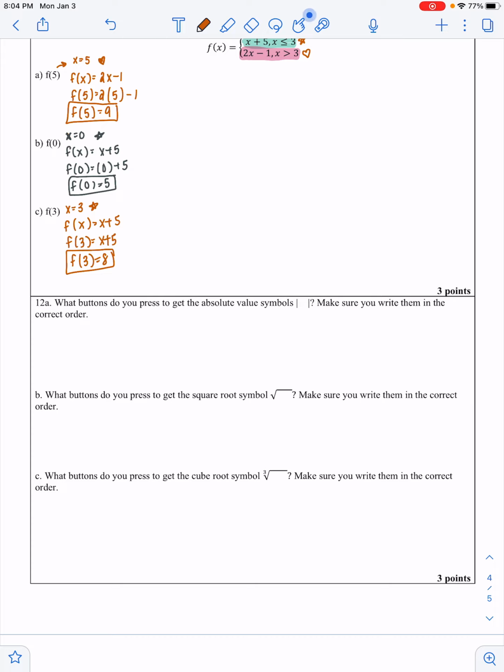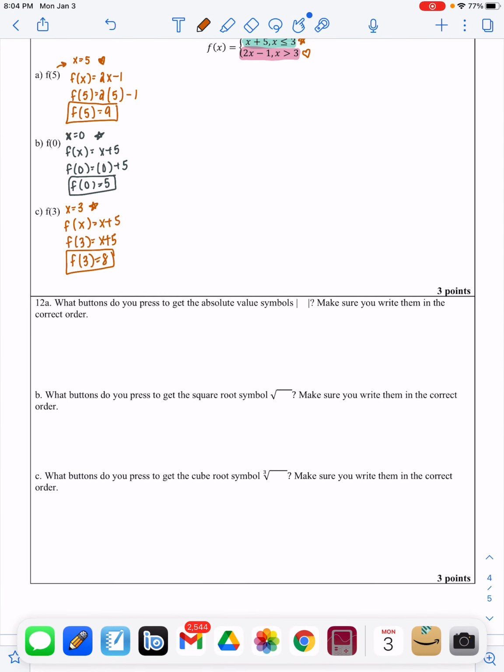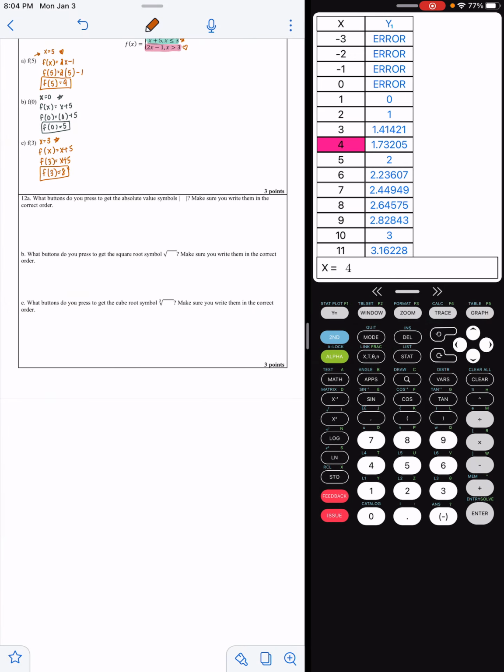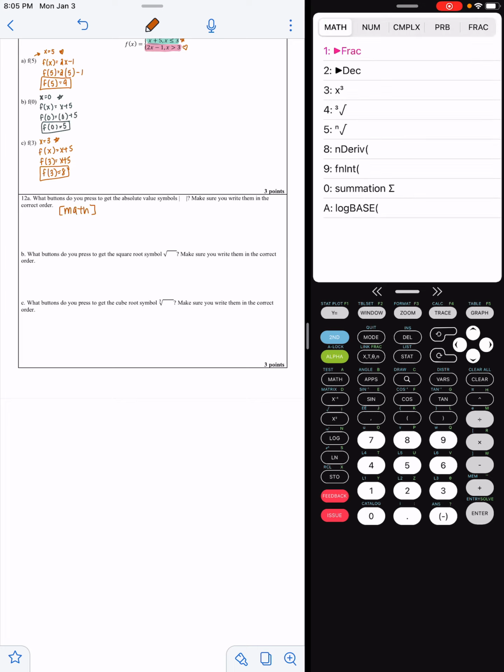All right, for these next ones, let's really quickly just go over them. Open up our calculator. What buttons do we press to get the absolute value symbol? First, we're going to press math. Then we're going to press the right arrow key, to go over to number, and then the first one says absolute.